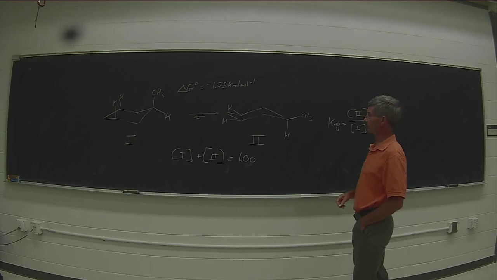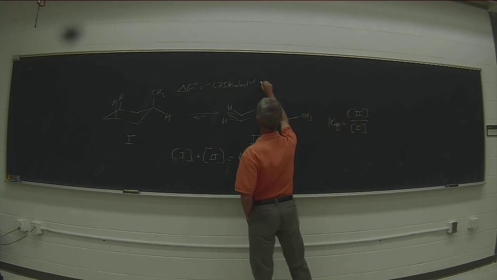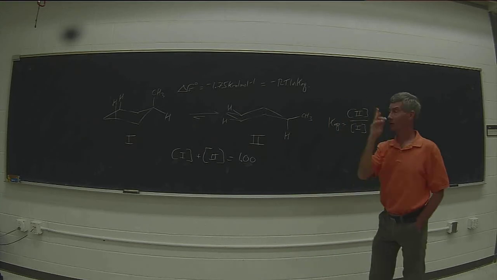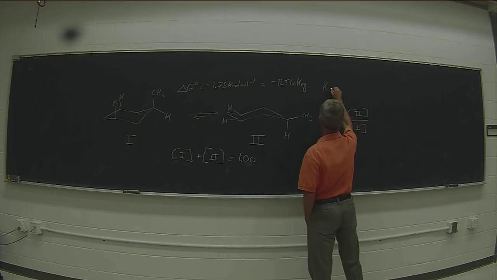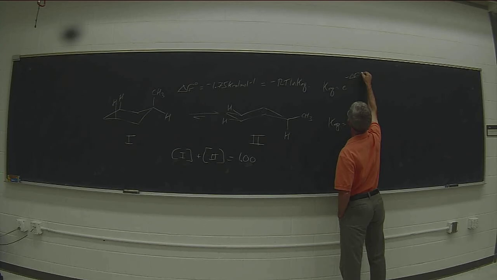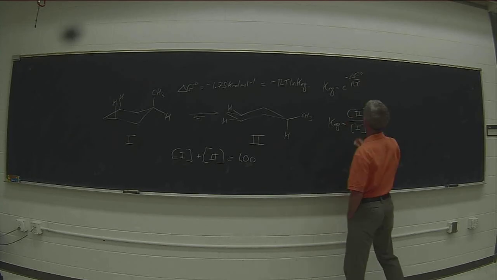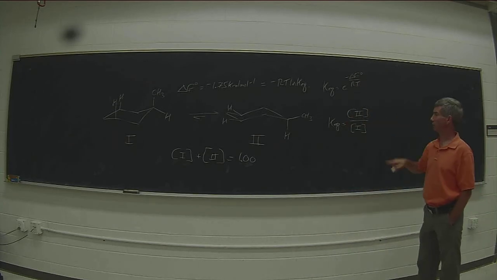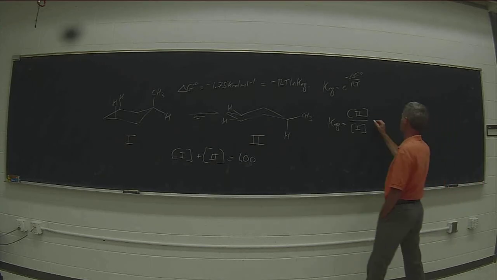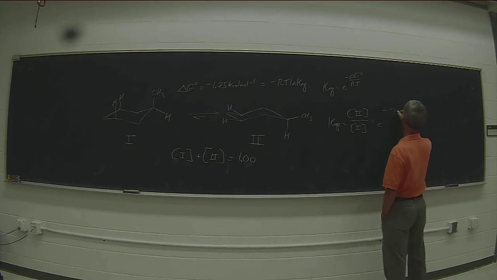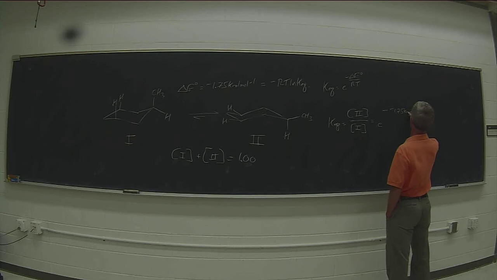And I can calculate the equilibrium constant by using the fact that delta G is equal to minus RT natural log of the equilibrium constant, which in rearranged form says that the equilibrium constant is equal to e to the minus delta G over RT. So I can set this equilibrium constant, chair 2 over chair 1, equatorial over axial, equal to e to the minus 1.75 kilocalories per mole.